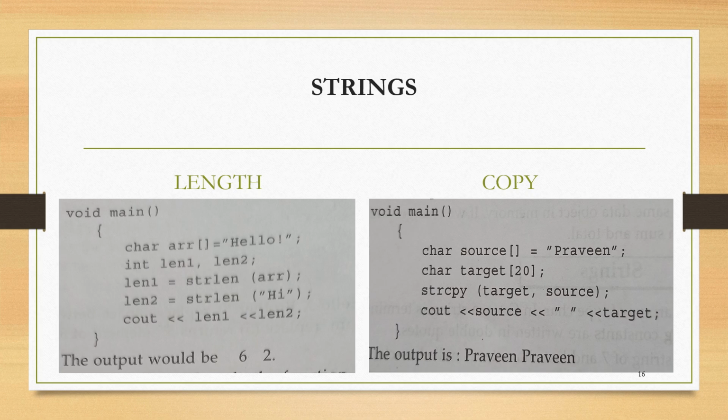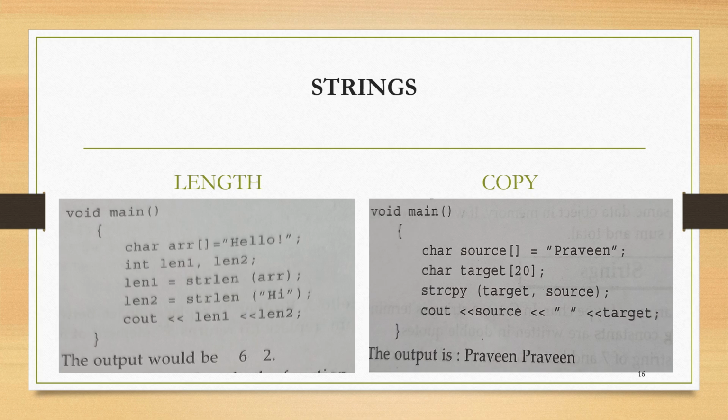HI is your string, and its length will come in length2. If you now display this, the output will be 1 2 3 4 5 6, so 6 comes for this, and 2 will come for the other. So by strlen, you can get the length of a string.